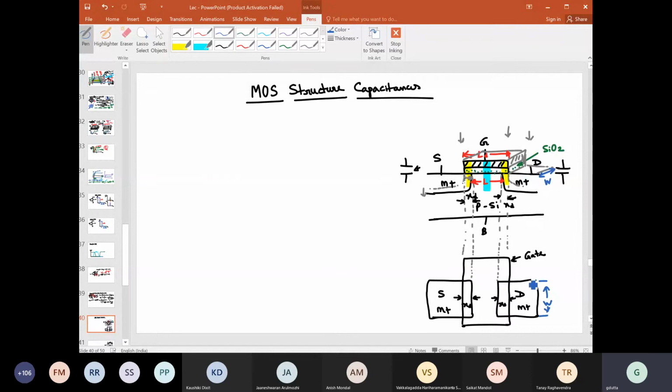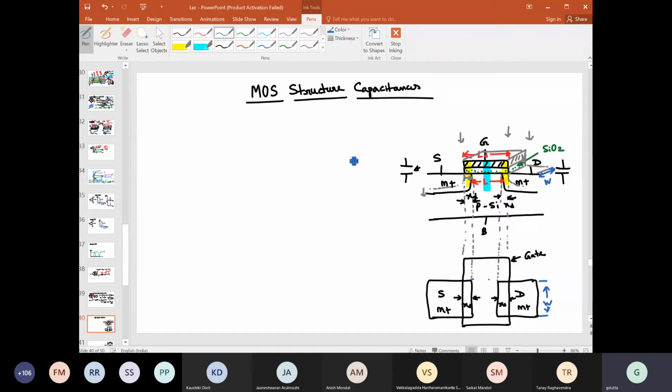It is the region where the gate overlaps with the source and drain region, because this is actually the region of the transistor, right? You can follow my cursor. This is the region where you are making this transistor. Here you don't have any transistor, or here you don't have any transistor. So this will be the width of the MOSFET.